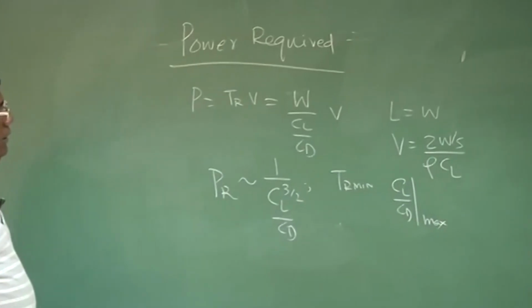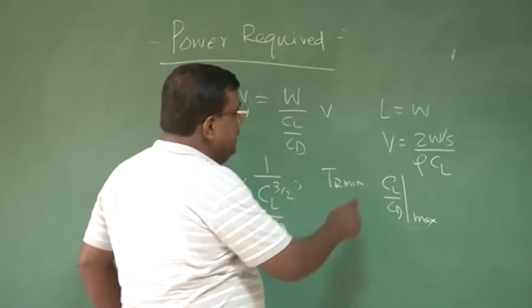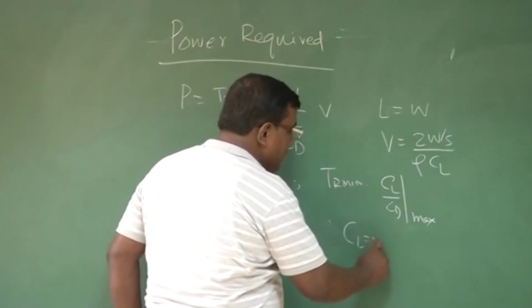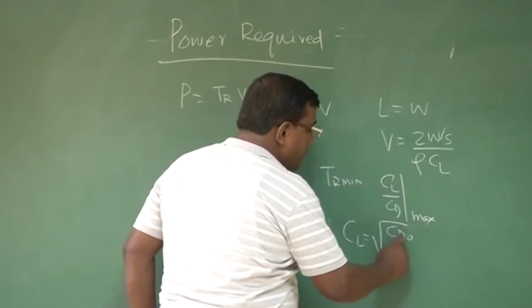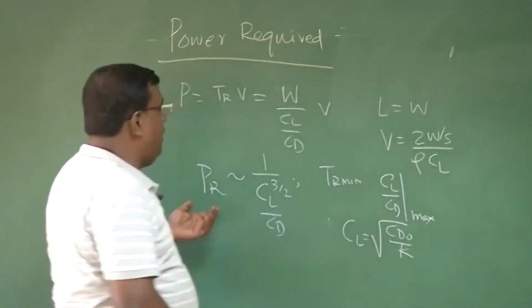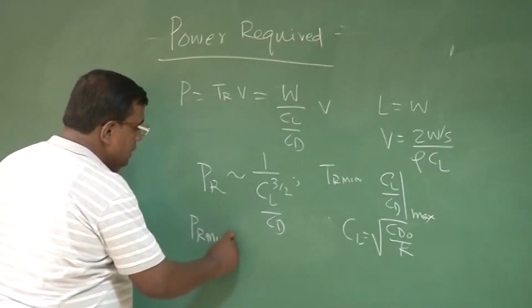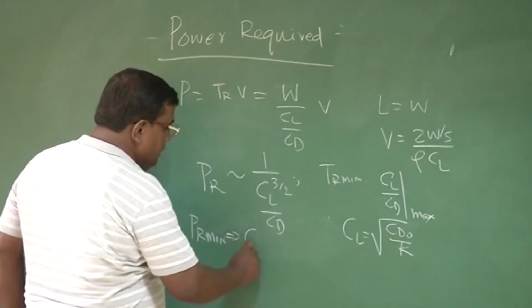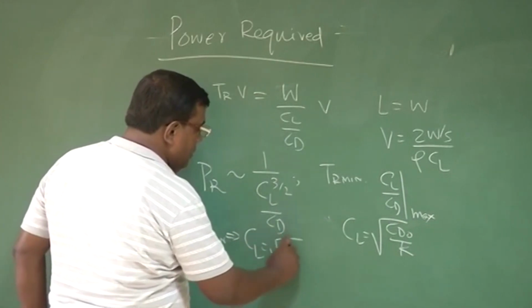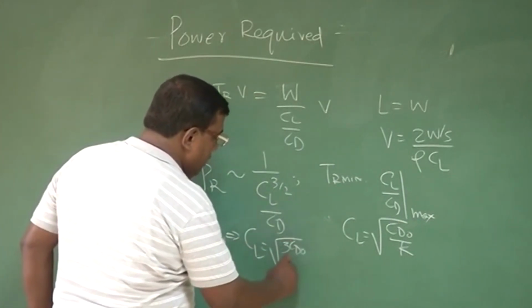And like for thrust required minimum, this translated into CL equal to root of CD naught by K, for power required minimum, we found this translated into CL equal to root of 3 CD naught by K.